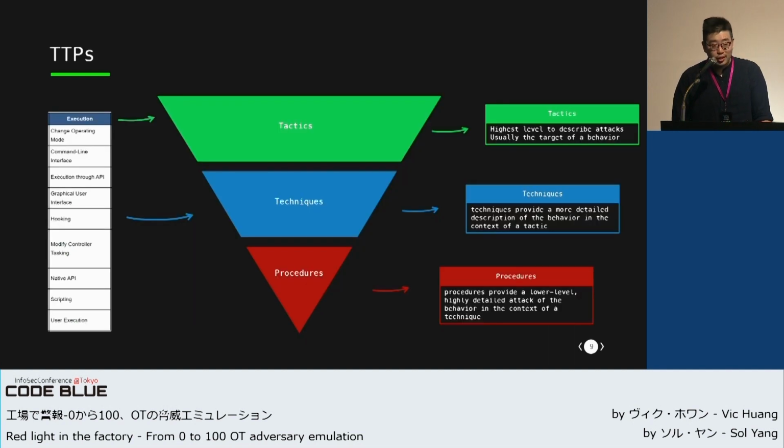It uses the same architecture, TTPs. From the highest level to describe the attacks, usually is a target of the behavior, to the lowest level, which is the procedure, the details about the attacks to achieve a behavior.